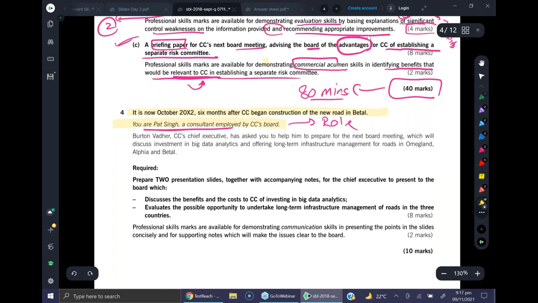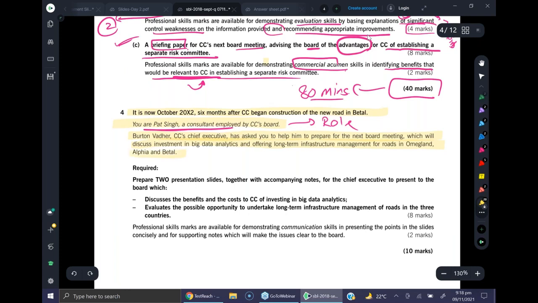But it is what it is. We'll have to stick to what we have to write, or basically discuss. Okay, Burton, CC's chief executive, has asked you to help him prepare for the next board meeting, which will discuss investment in big data analytics and offering long-term infrastructure management for roads in Omaglan, Elkia, and Beetle.